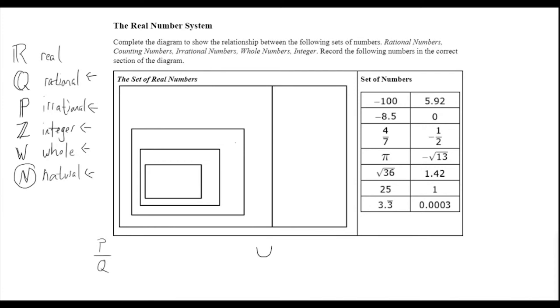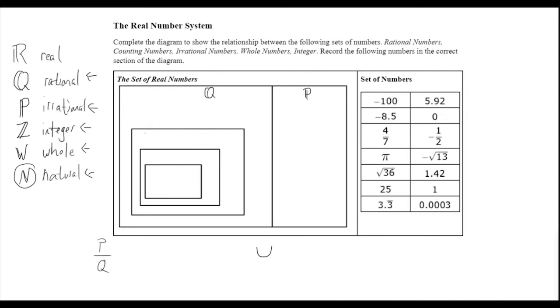Inside, there are two boxes, one that has smaller subsets and one that doesn't. Because the irrationals are defined as being not rational, we're going to go ahead and put the irrationals over here and the rationals over here. Inside the rational numbers, which one is the broadest set?